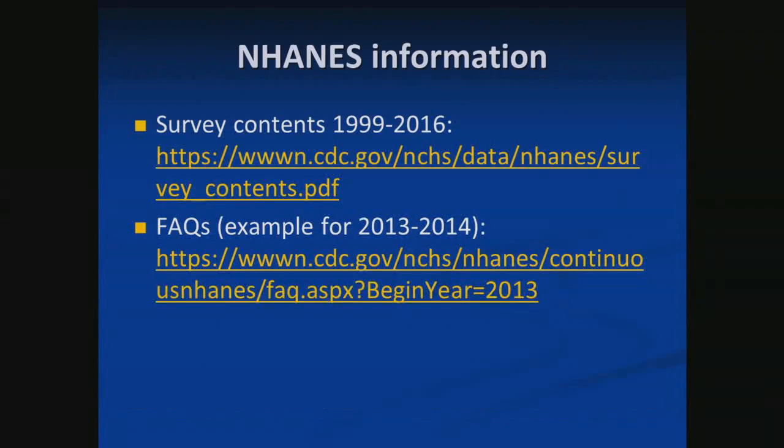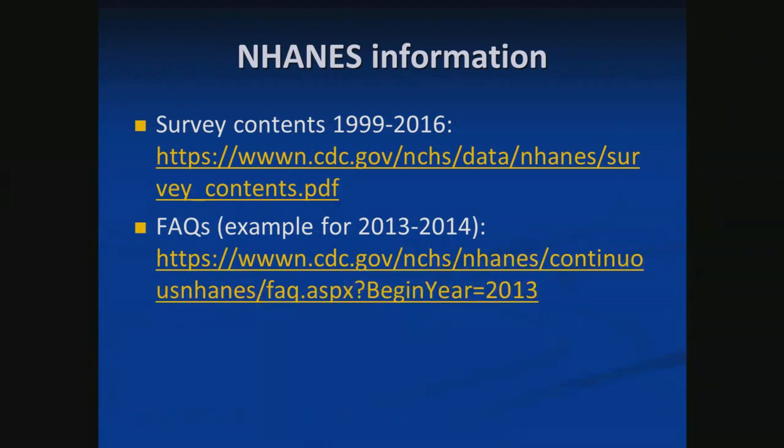They have very comprehensive survey contents, and I just gave an example. That big PDF file, 1999 to 2016, in one file, you have all their table of contents of everything that they have. So it's a very useful file to look at if you just want a quick overview.